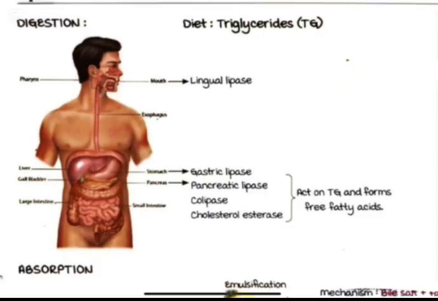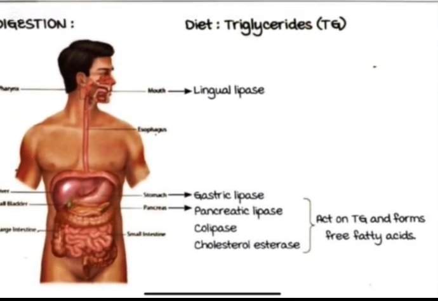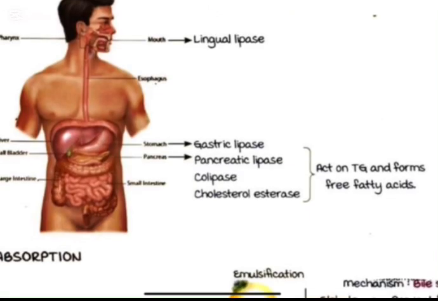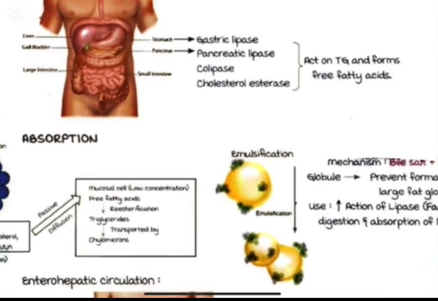Lipids. In the diet, they come as triglycerides. Mouth has lingual lipase, stomach has gastric lipase, pancreas has pancreatic lipase, colipase, and cholesterol esterase, which act on triglycerides and form free fatty acids.